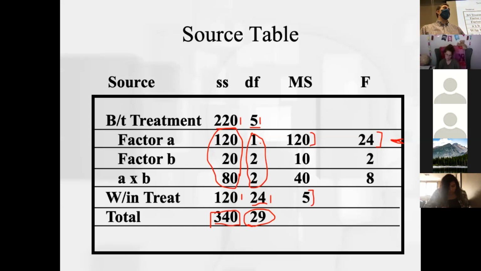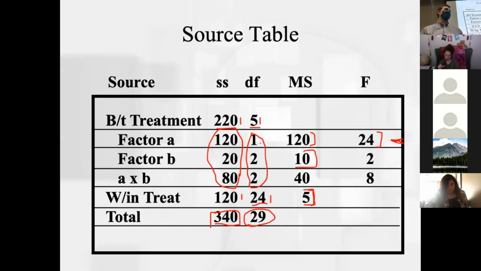For factor B, how do we get our F value? The mean squares for factor B over, again, that mean squares within treatments.